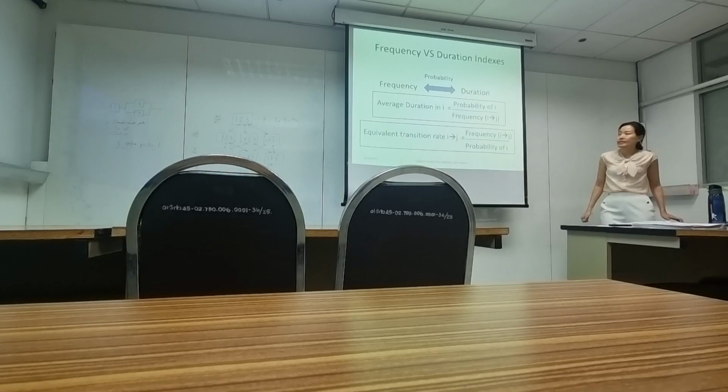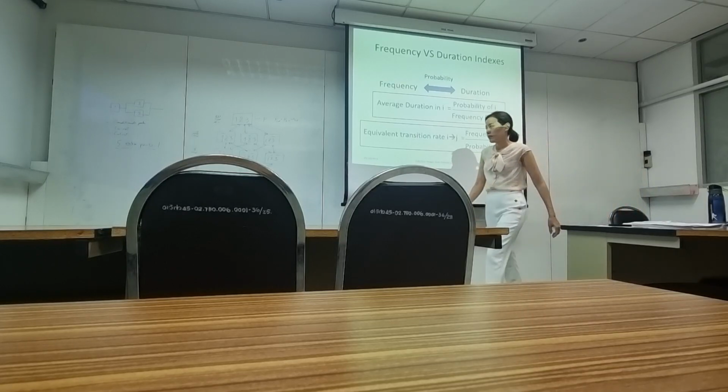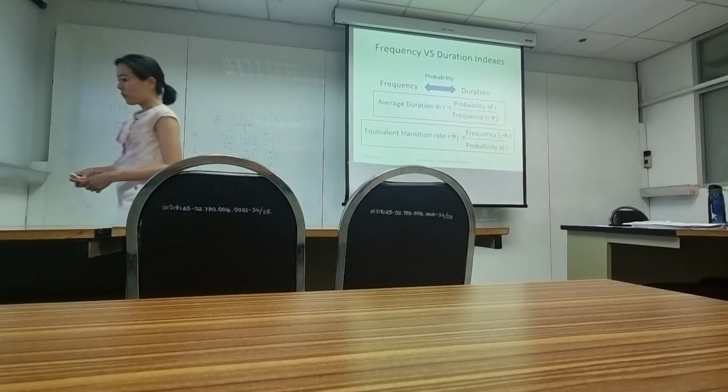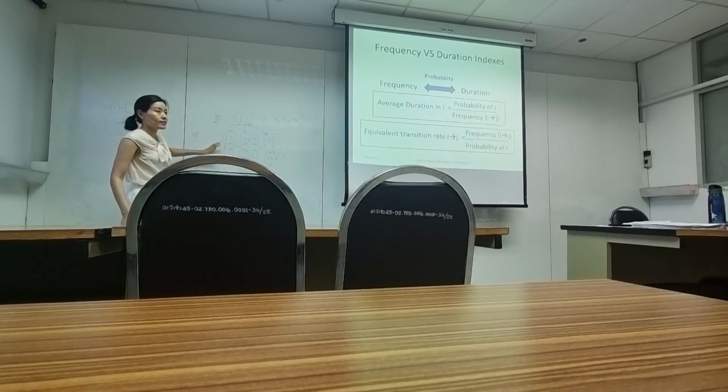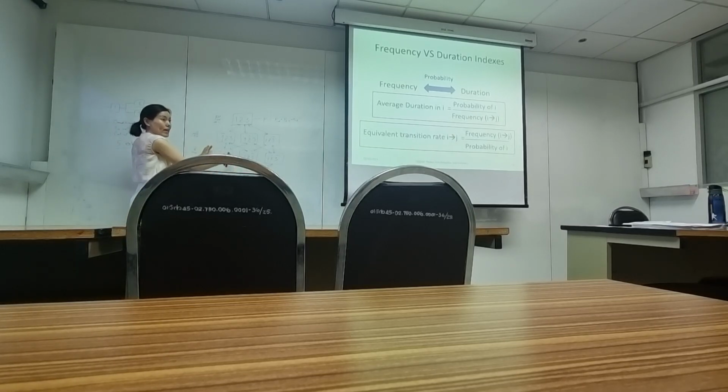When we have the idea of the frequency, what it gives us is the equivalent transition rate. Why is it? Because when you group these into different clusters, right? When you group them into different clusters, you can find the equivalent rates that the state changes in between these clusters.